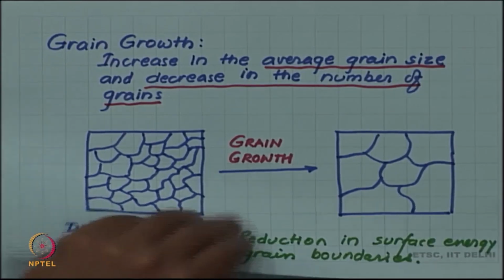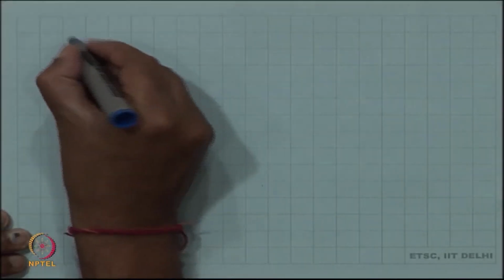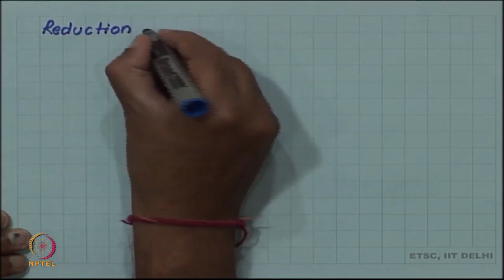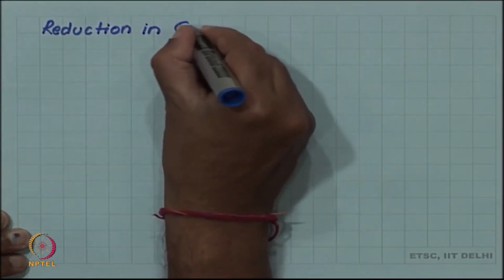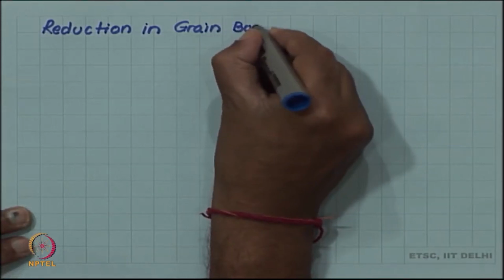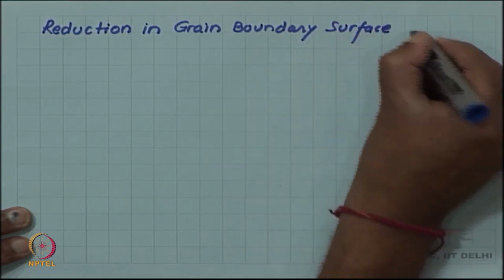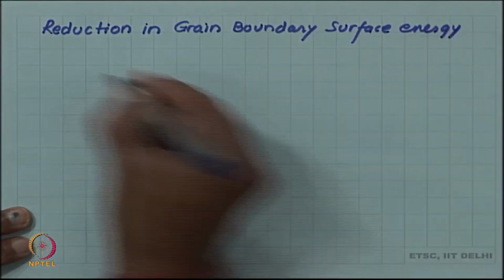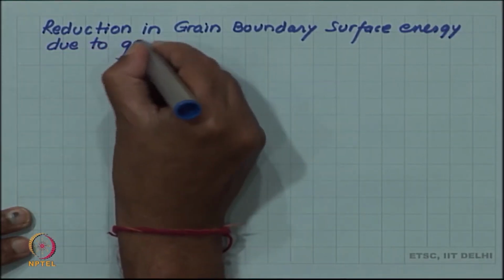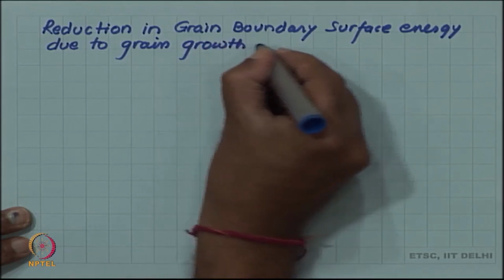Let us try to do a simple calculation related to this. So, let us say that the initial grain size, so we are trying to calculate reduction in grain boundary surface energy due to grain growth.